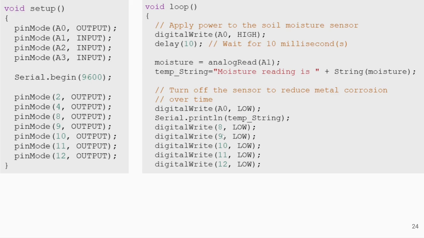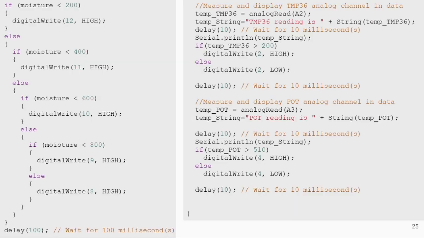Then I write low to the respective soil measuring LEDs, making them low by default. If the moisture is in a certain range, using very simple if and else statements, I make the respective LED go high. That's all it's doing related to measuring the soil moisture.